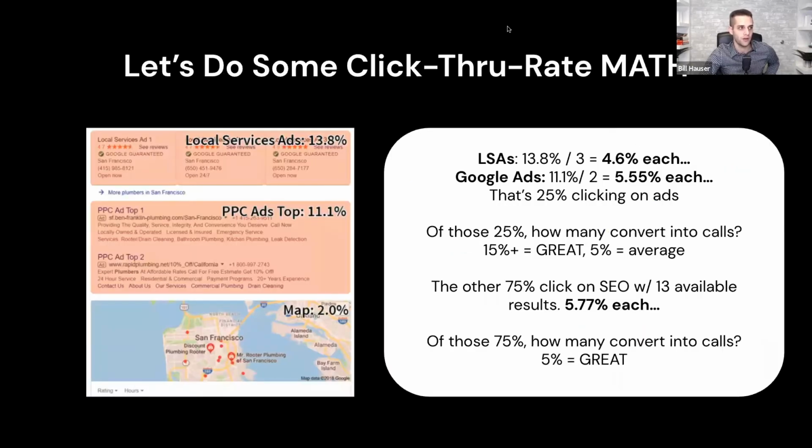I'm not going to go through all the math right now, but the point is this. In the presence of these local services ads, which are getting rolled out for every practice area, there is a substantial increase in clicks that come through page one of Google, and you need to be prepared for that.